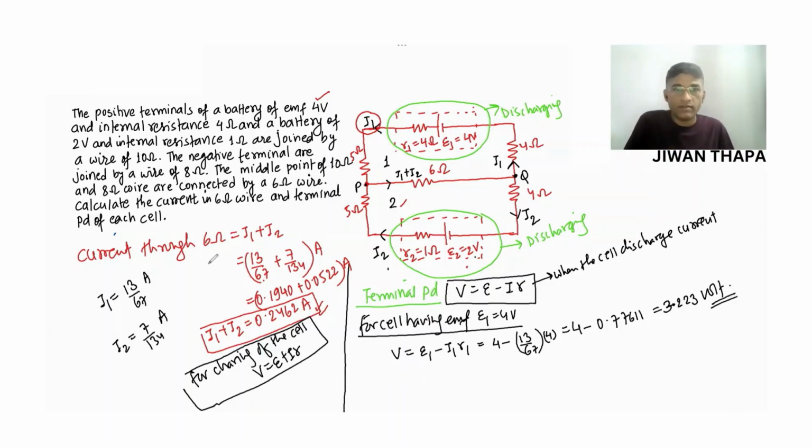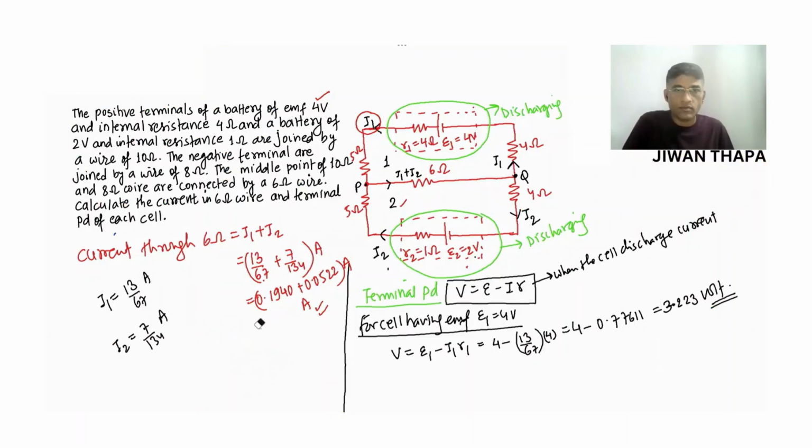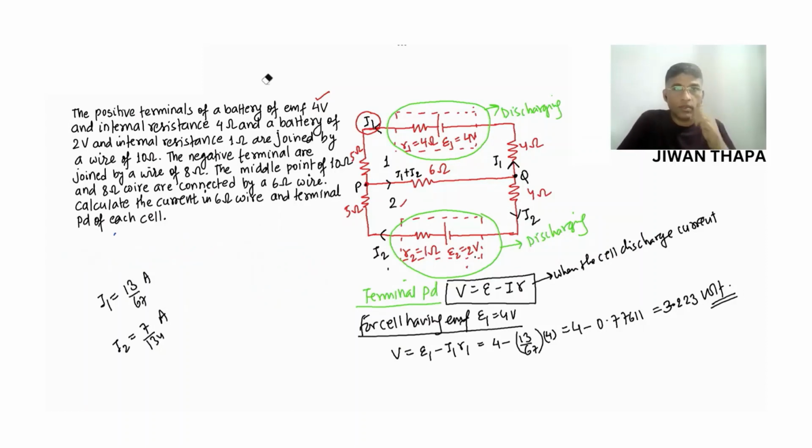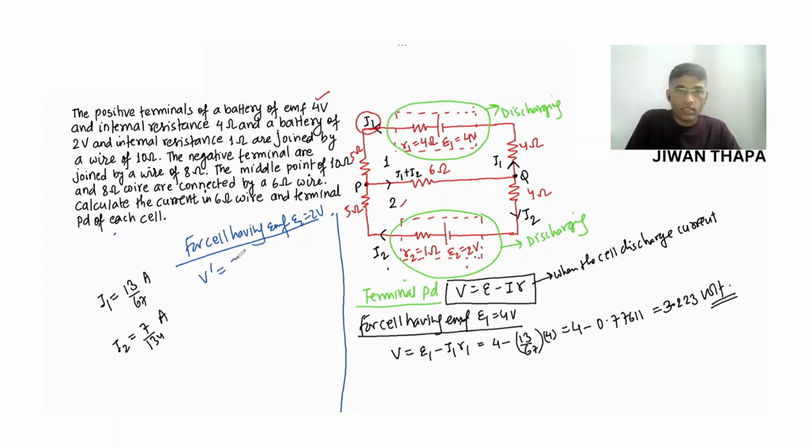And for cell or battery having EMF E2 equals 2 volt, let's say the terminal PD is V dash, this equals E2 minus I2 times R2.